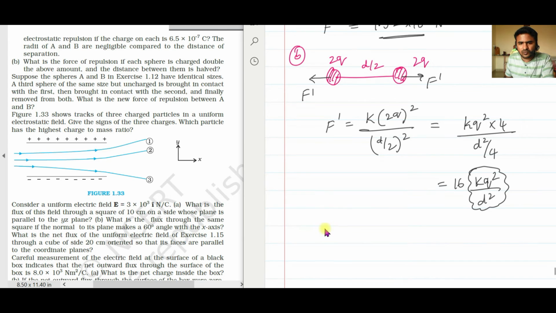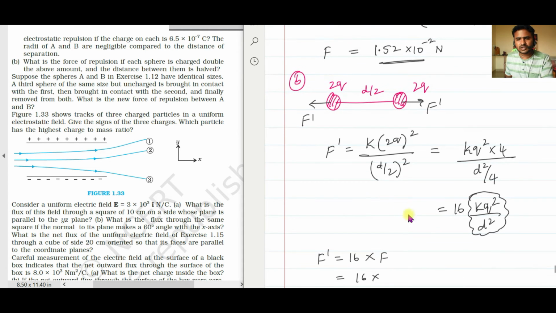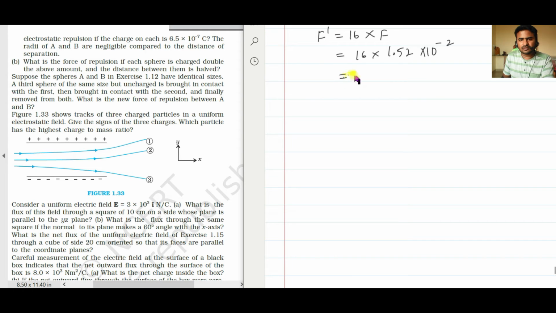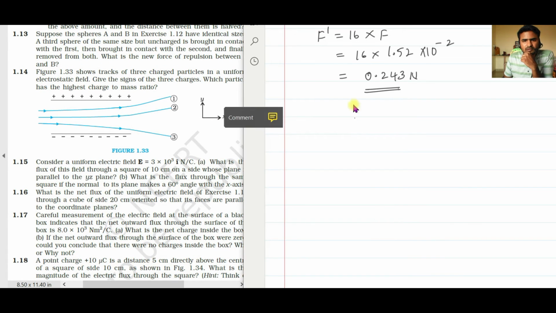So the new force f dash becomes 16 times the initial force, as simple as that. The initial force was 1.52 into 10 to the power of minus 2, so if you simplify this, you would get 0.243 Newton. That is going to be our new force. Now we'll move on to the 13th question, question number 13.